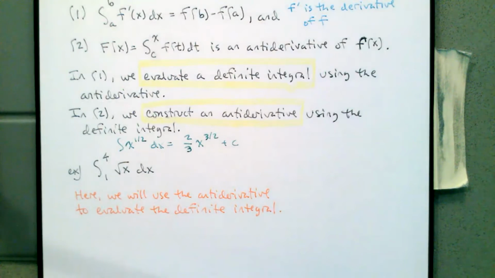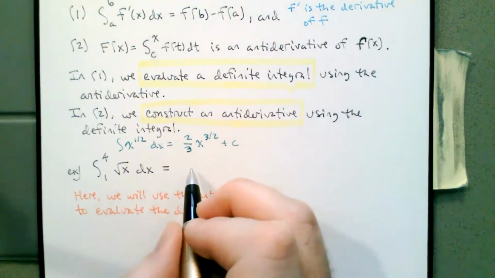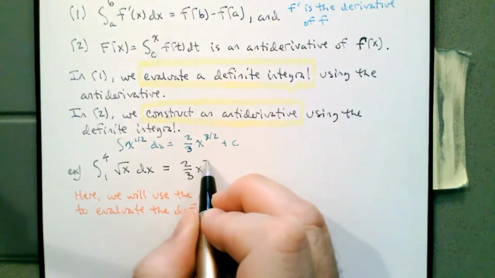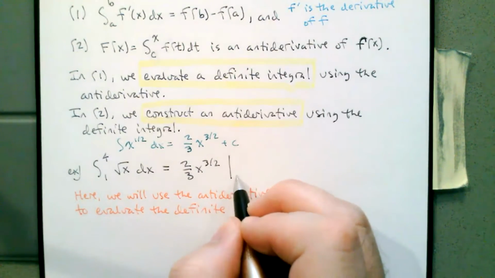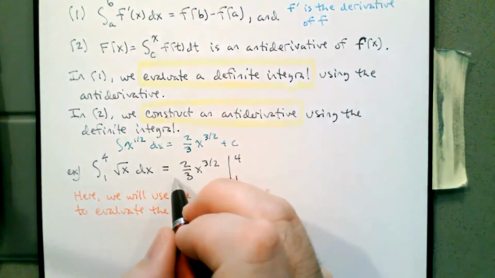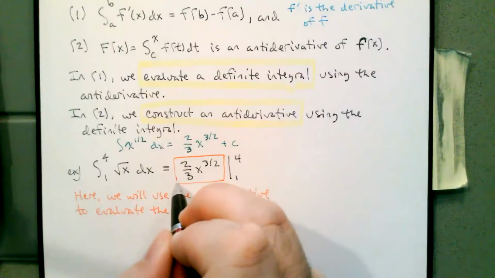So I'll use the one where the constant is equal to 0. So we find an antiderivative of the square root of x, 2/3 x to the 3/2, and evaluate from 1 to 4. Here's the antiderivative that we're using to evaluate the definite integral.